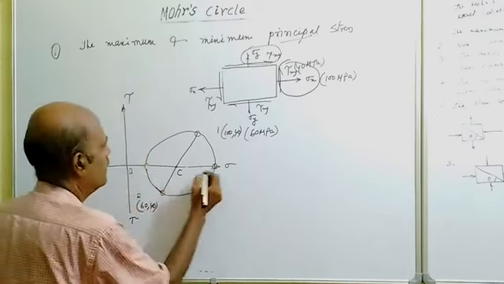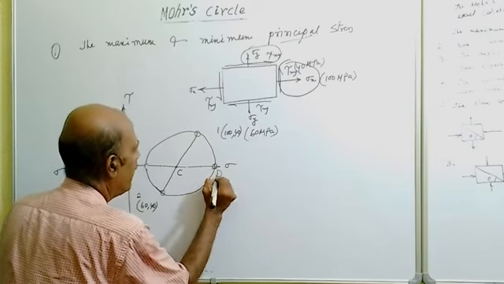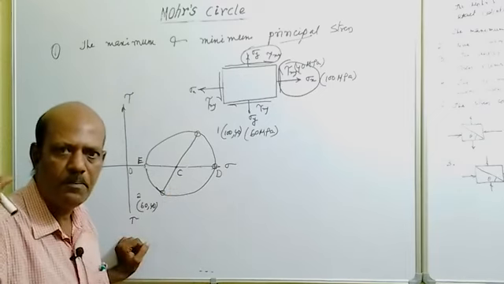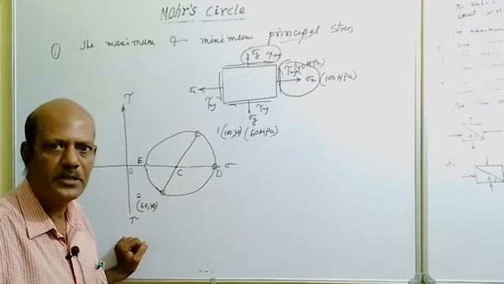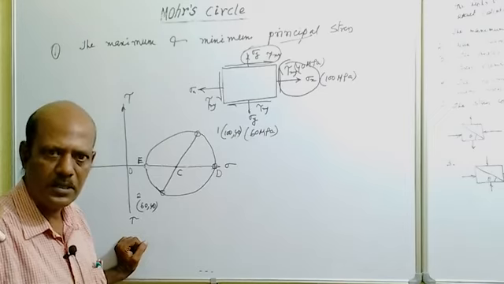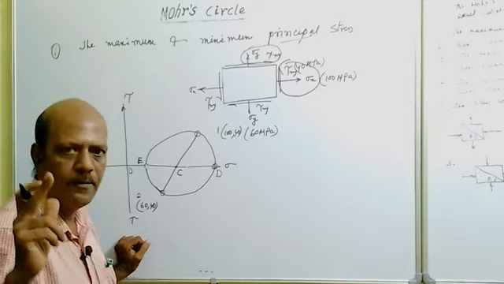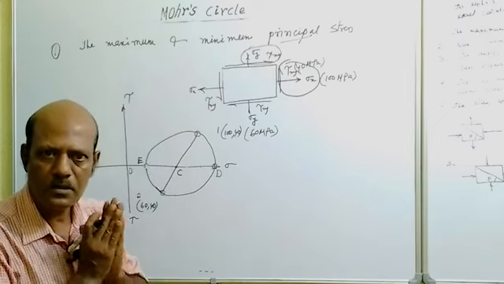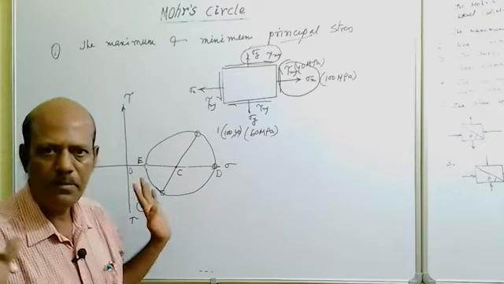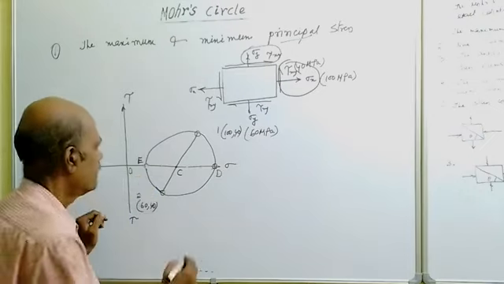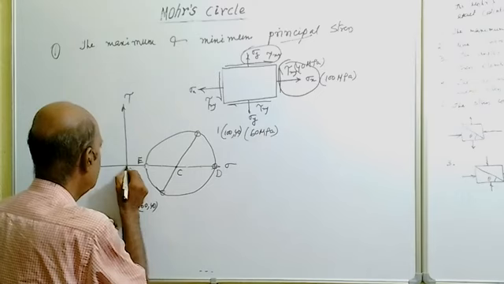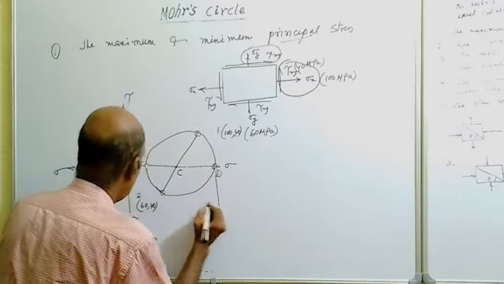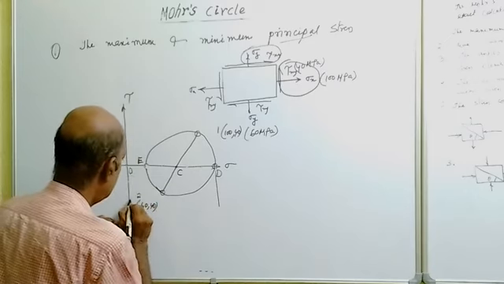If we mark them as point D and point E, the normal stress corresponding to point D will be the major principal stress, and the normal stress corresponding to point E will be the minimum principal stress. So measure the distance from 0 to D.